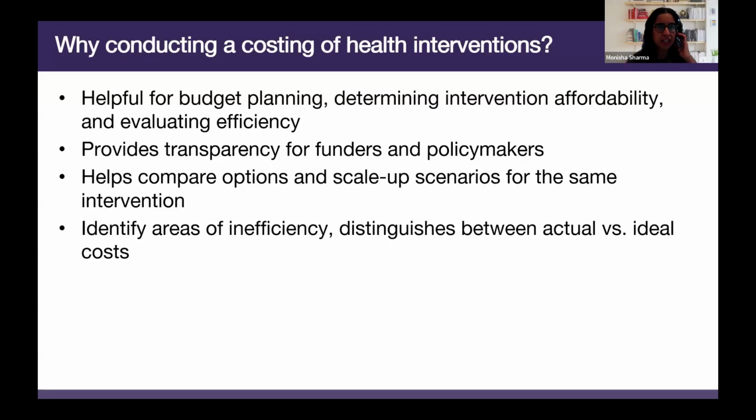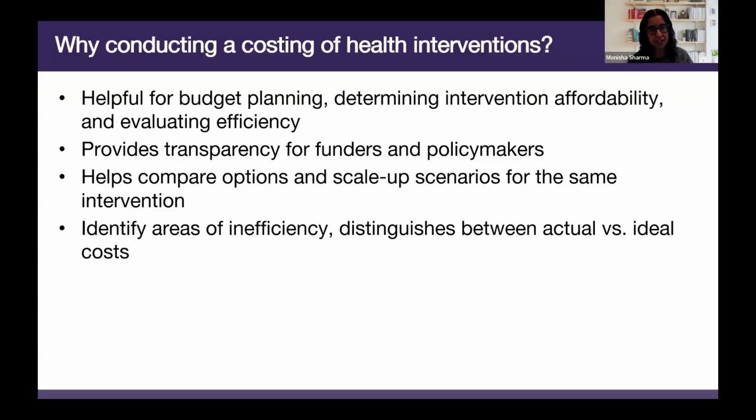Costing can also provide transparency for funders and policymakers, just understanding what's going into different health interventions. And you can also compare options and scale up scenarios for the same intervention. So you can say for HIV testing, should it be implemented through drop-in clinics or through mobile vans? And you can look at the different costs associated with different scale up.